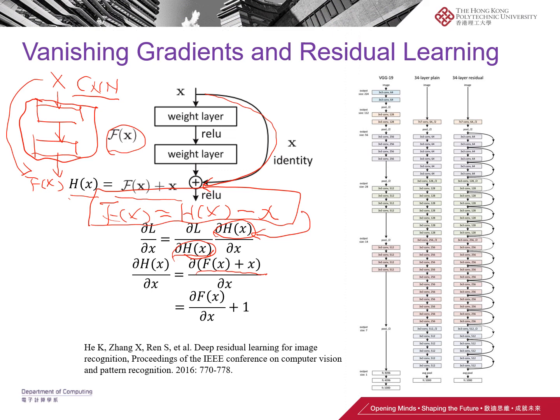And then you will see the final result is actually about f'(x) plus 1, and you have a constant 1 there during the calculation. That means when you're backpropagating this partial derivative, there is a 1 for sure, and the values participating in the multiplication are greater than 1. So that is not an extremely small value approaching 0, because every time you make sure it's greater than 1. So there's no vanishing problem.